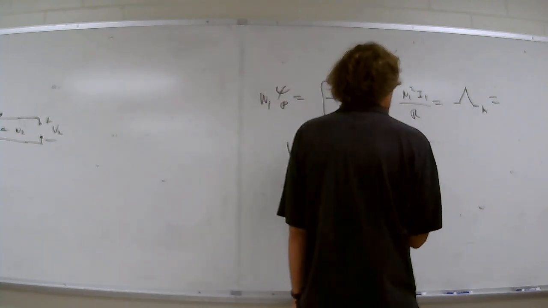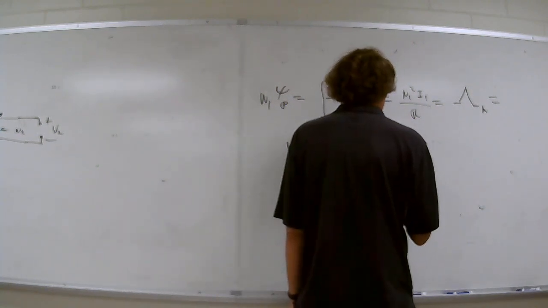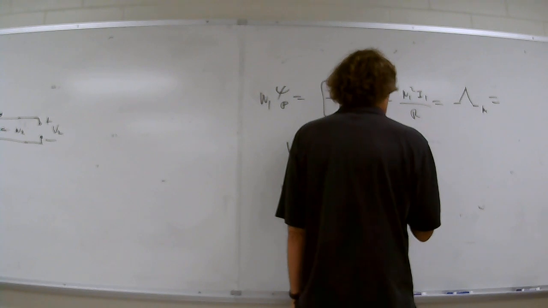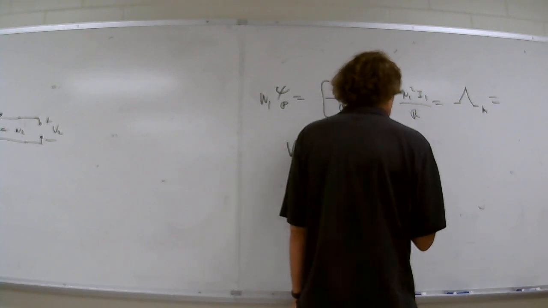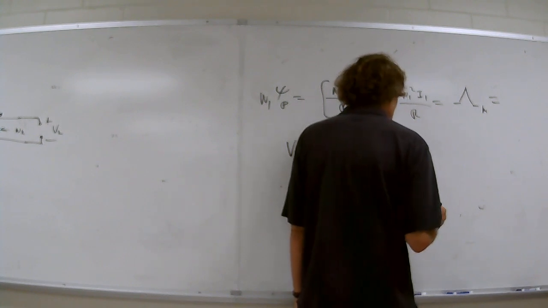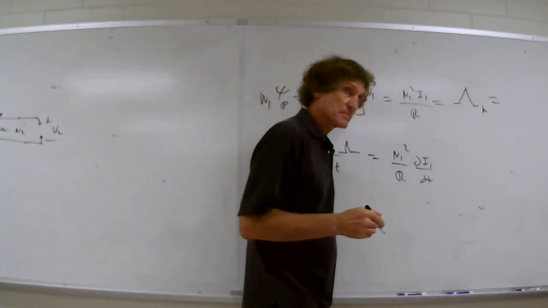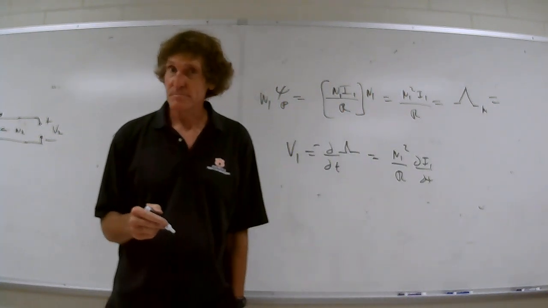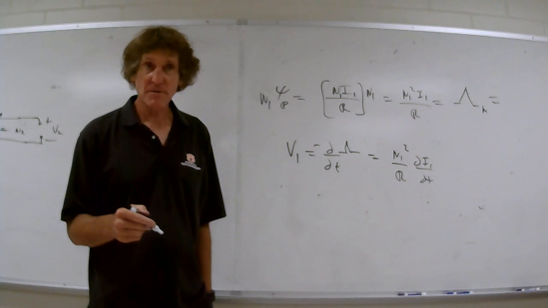So when I take a time derivative of this, I have N1 squared divided by the reluctance times dI1/dt, would be the induced voltage there, right? Y'all agree with that? Yes.